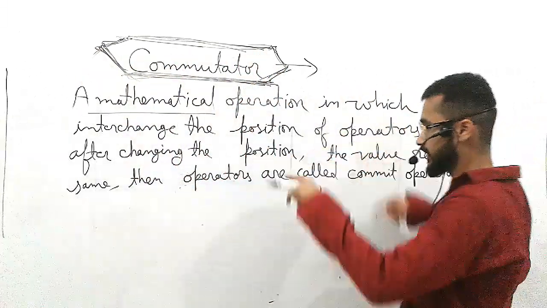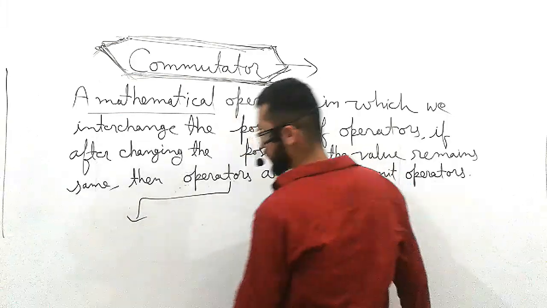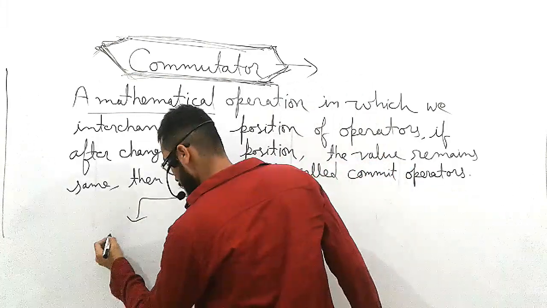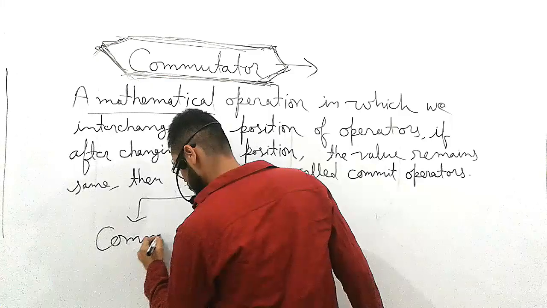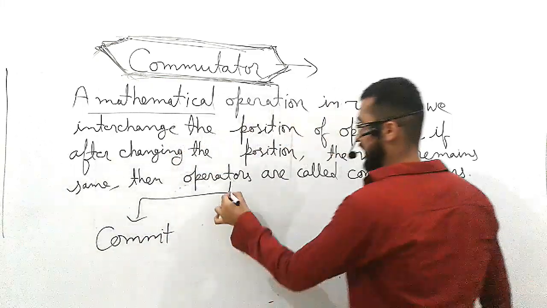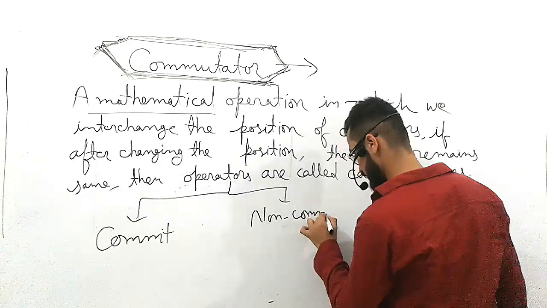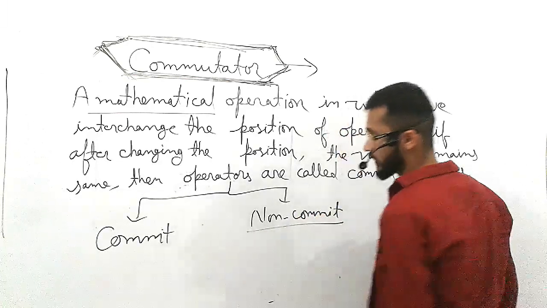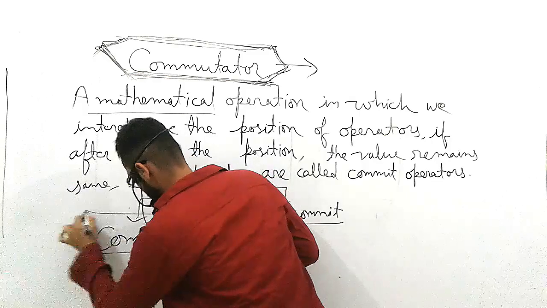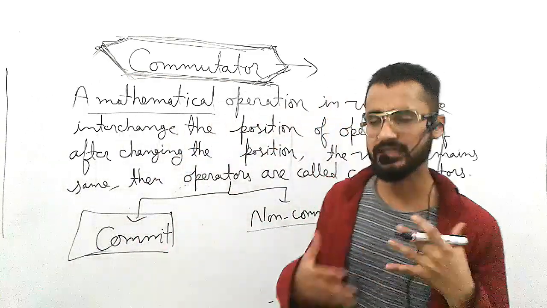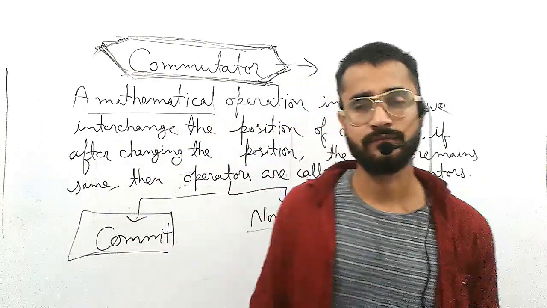So basically we will divide them in two parts. First of all is commute, and the second one is non-commute. Now look, what the meaning of commute is: like a husband-wife relationship.